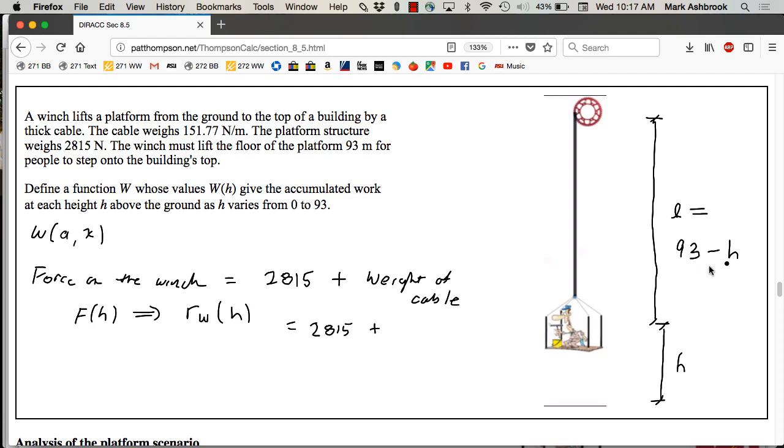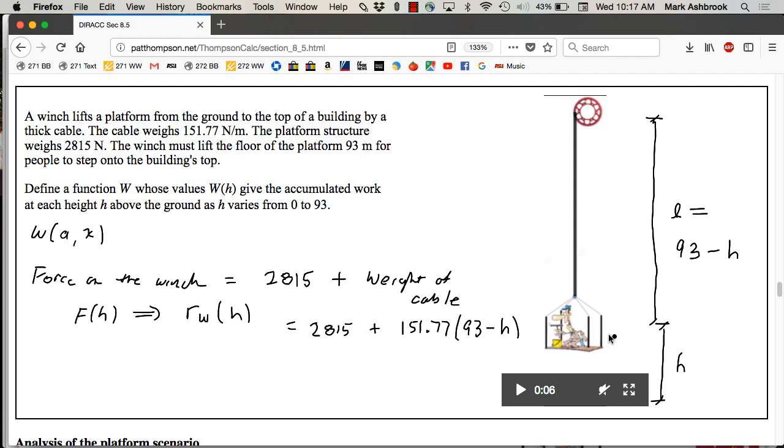So we have if every meter weighs 151.77 newtons, and we have this many meters of cable, 93 minus h, then the weight of the cable is? Do you see it? Does it make sense?